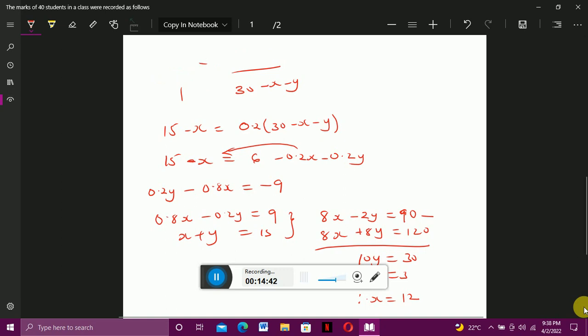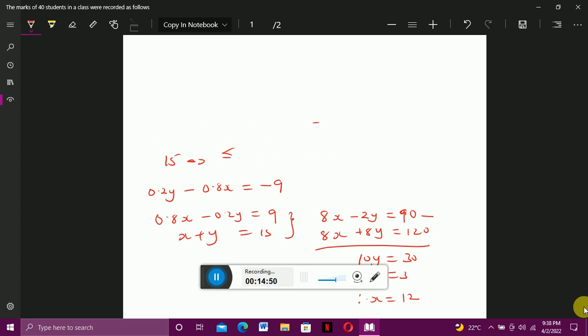Now we would want to work out the standard deviation. For the data, we have been told to use an assumed mean. So we go ahead and write the table.